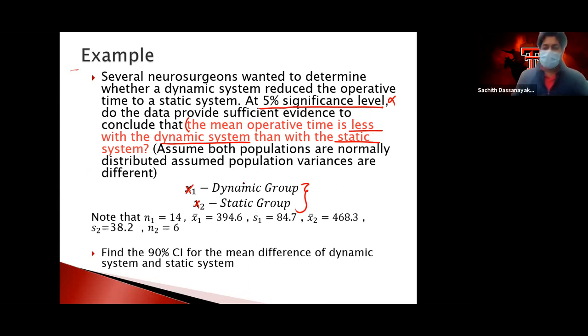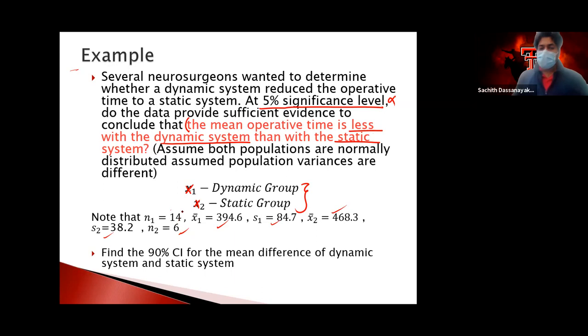So n1 is based on x1. N1 is the sample size, given. The sample mean is given, the sample standard deviation is given. The second sample mean is given, the second sample standard deviation is given. The second sample size is given.